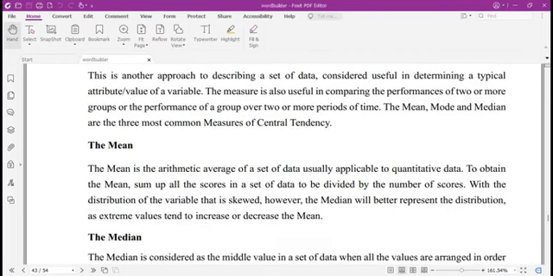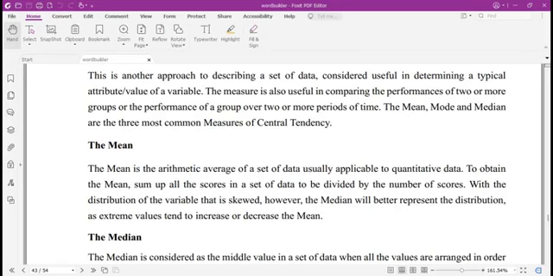The mean is the arithmetic average of a set of data, usually applicable to quantitative data. To obtain the mean, you sum up all the scores in a set of data to be divided by the number of scores. With the distribution of the variable that is skewed, however, the median will better represent the distribution, as extreme values tend to increase or decrease the mean.